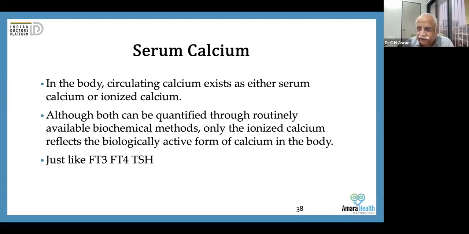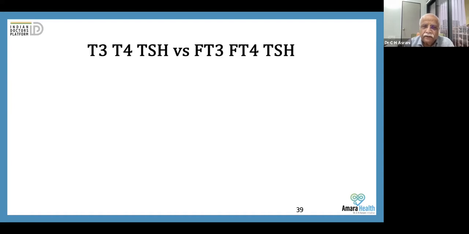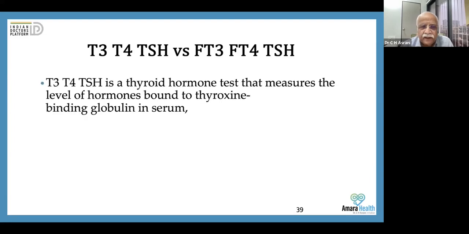So I will take a diversion and I will cover this because in my clinic we actually refuse to see T3, T4, TSH. We insist on FT3, FT4, TSH. So, the difference between T3, T4 and FT3, FT4. T3, T4, TSH is a thyroid hormone test.